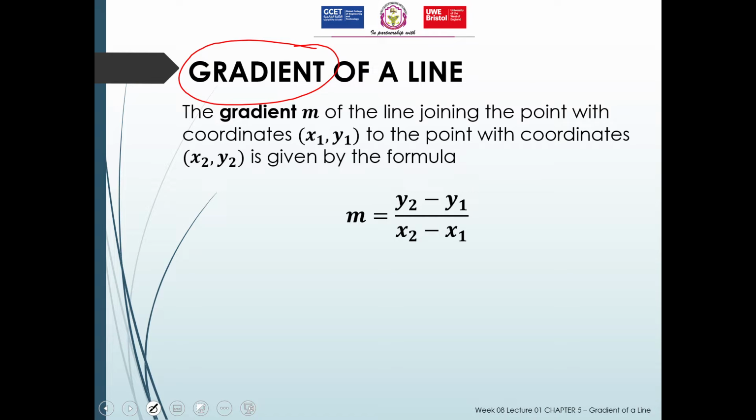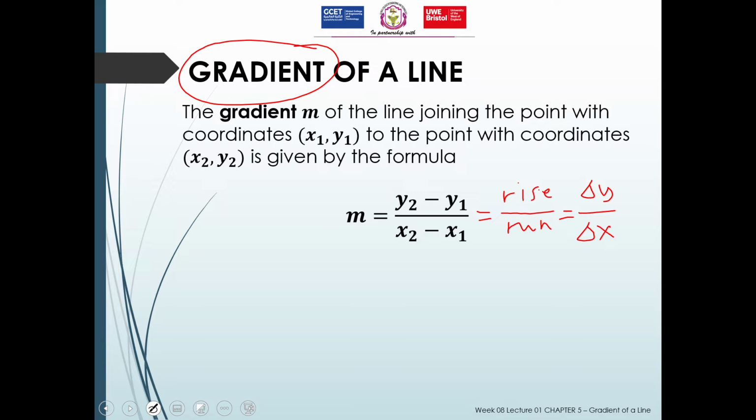So m is equal to the difference of the y coordinates divided by the difference of the x coordinates. Now in other books you will see that this is defined as the rise over the run, or the change in y over the change in x, delta y over delta x.